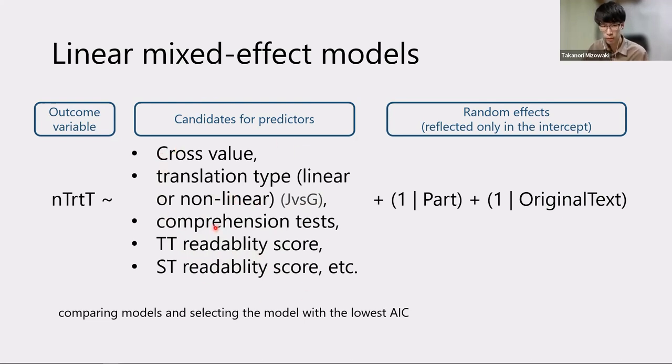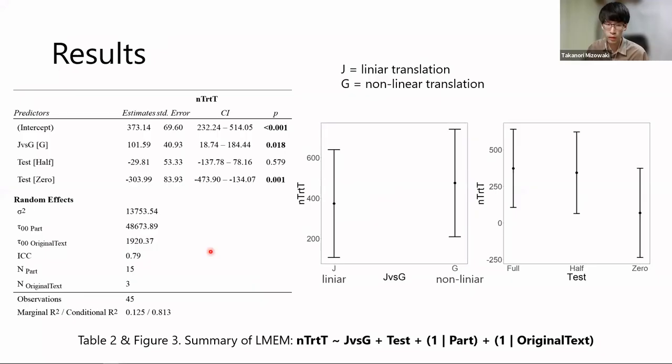Then we compared the several models and selected the model with the lowest AIC score. As a result, a model with a categorical variable indicating whether the translation is linear or non-linear, and the results of the comprehension test as predictors was selected.